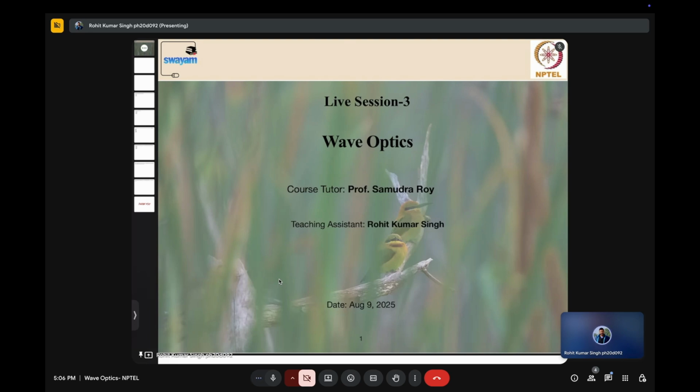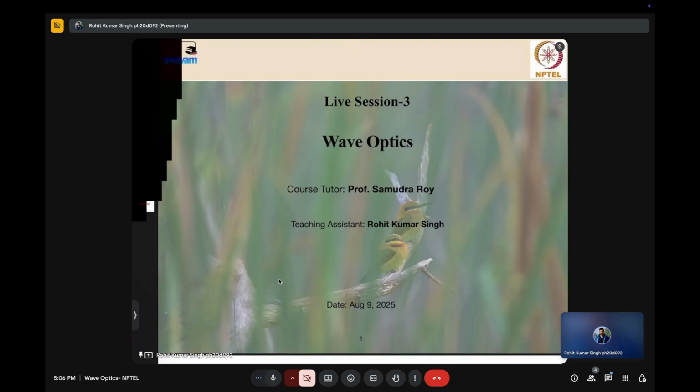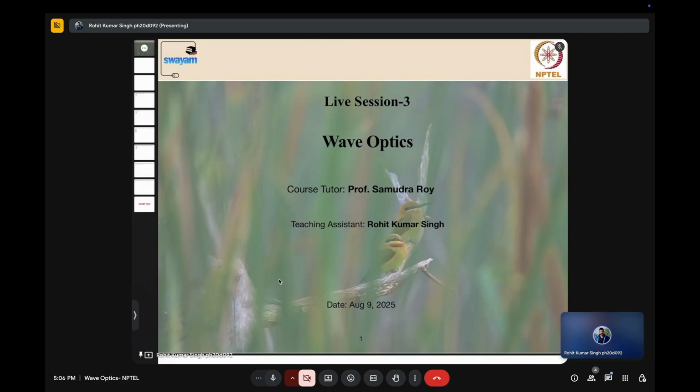Superposition of waves leads to interference and diffraction. We will see how we can understand that, and then we'll solve some example problems based on them.